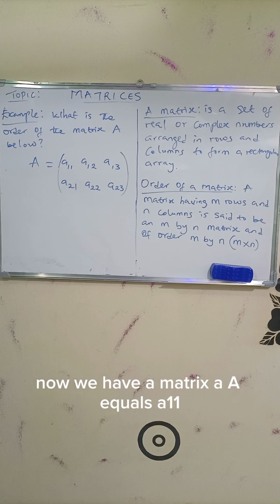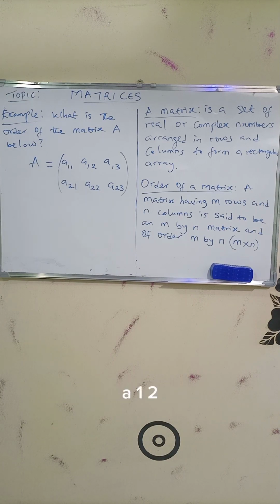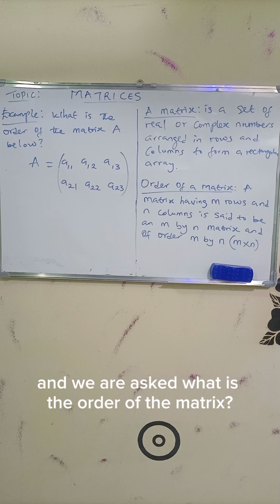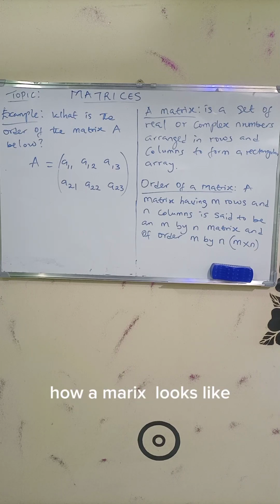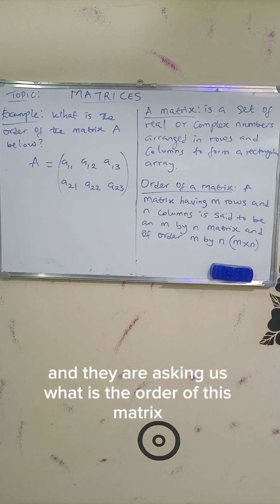Now we have a matrix A equals A11, A12, A13, A21, A22, A23, and we are asked what is the order of the matrix. Don't forget, this is a typical example of how a matrix looks like. And they're asking us what is the order of this matrix.